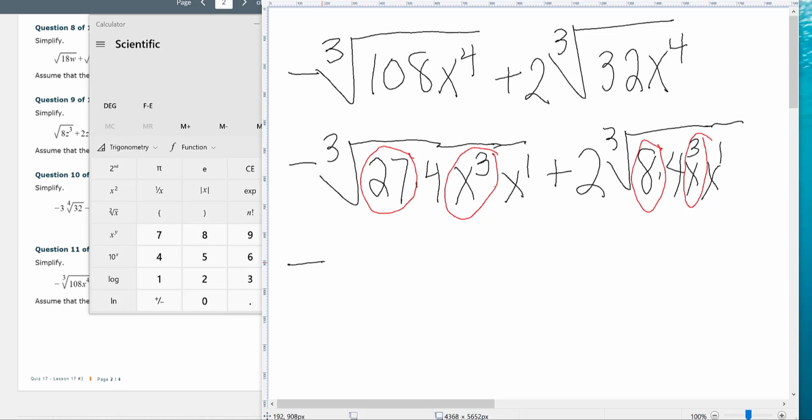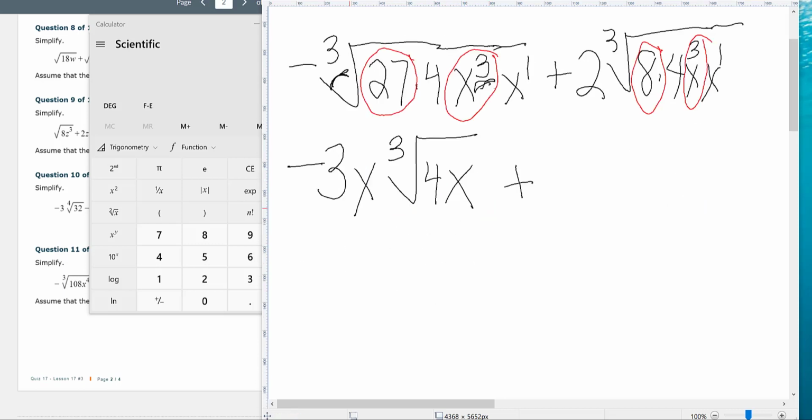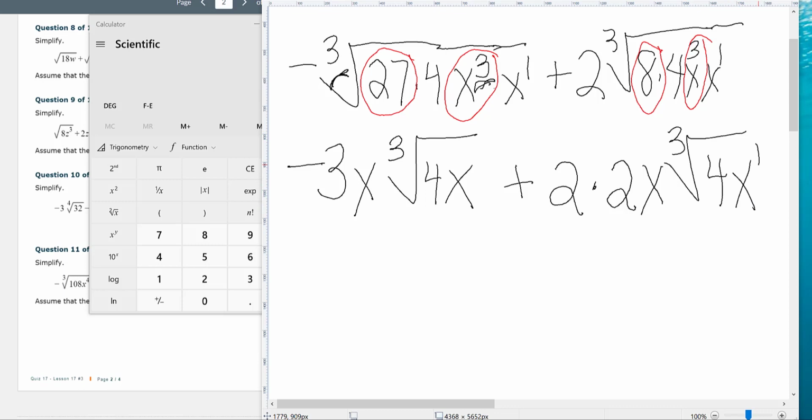So there's a negative here, so there's going to be a negative 3 and an x, because look, the index 3 goes into the exponent 3 one time, leaving inside my cube root a 4x. And so in the second one, the 2 is outside and the cube root of 8 comes out as a 2, and the cube root of x to the third comes out as x, and that's going to leave me with a 4x, x to the 1 on the inside, or just 4x.